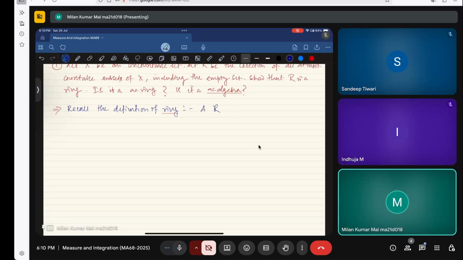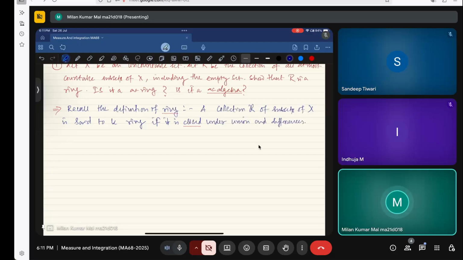A collection R of subsets of X is said to be a ring if it is closed under union and differences.